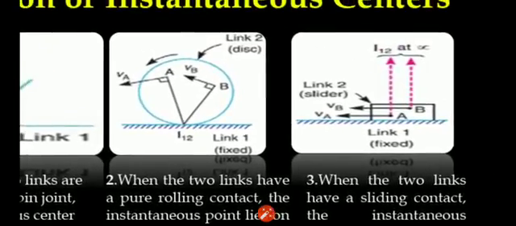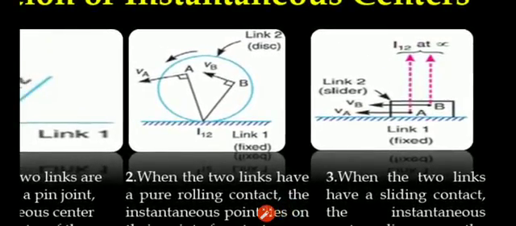In the second example, there is a pure rotational motion, that is a disc is one of the links, which is rolling over a surface, that is another link. So its instantaneous center of rotation always lies at the point of contact between the disc and that surface, that is I12.